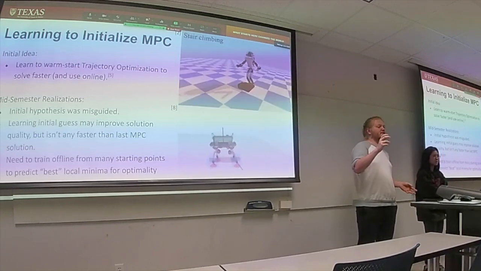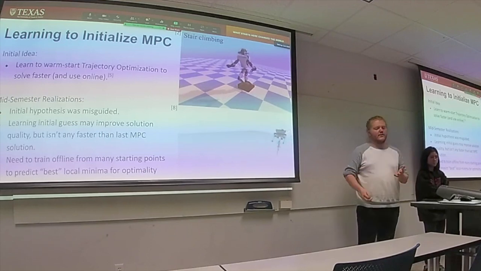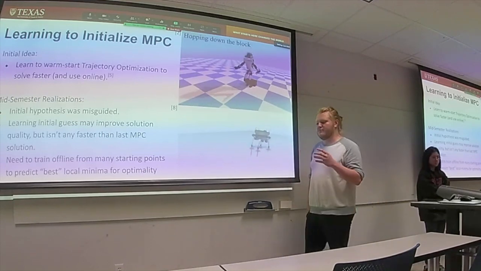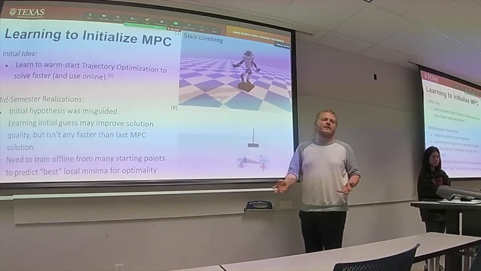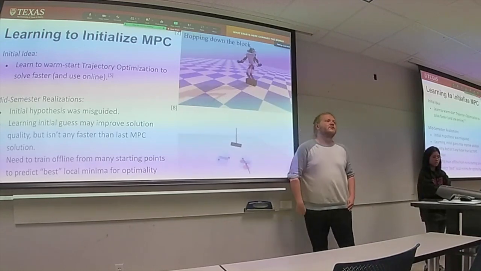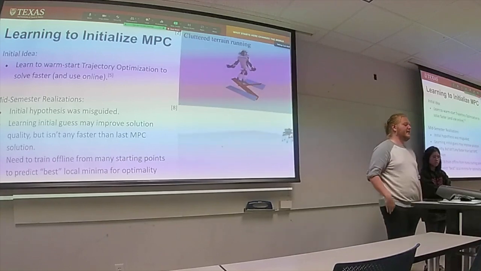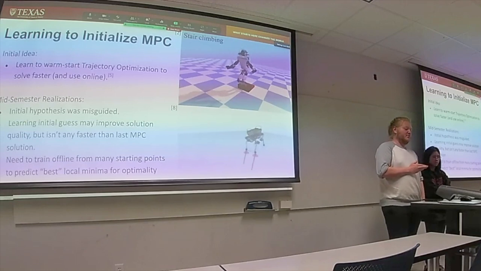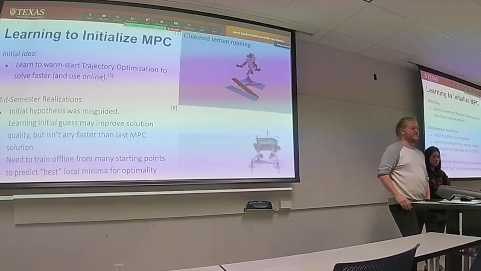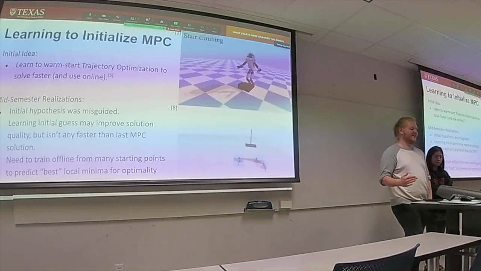Then if you train a model to predict that, you have a way where maybe you were doing something and it's no longer the optimal move, but you're stuck in that local minimum. Instead of using the previous horizon as your guess, if you had a network trained on the optimal guesses, you would essentially have an MPC that can account for local minima online. Now, that is a tricky problem that at this point I thought was out of scope for continuing this, so I did do a little bit of a pivot.